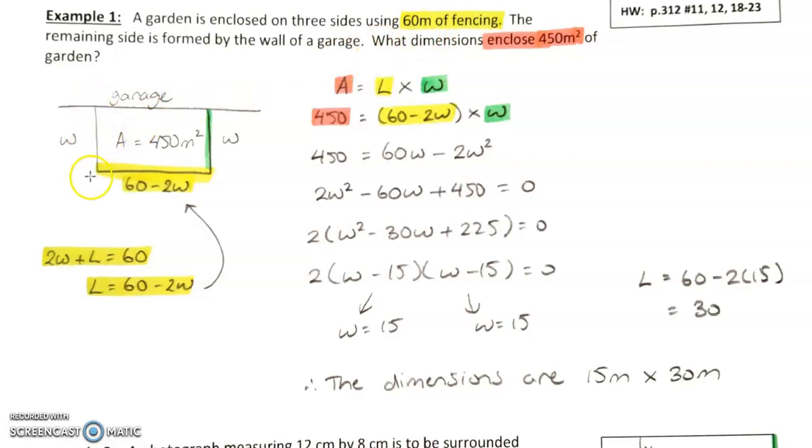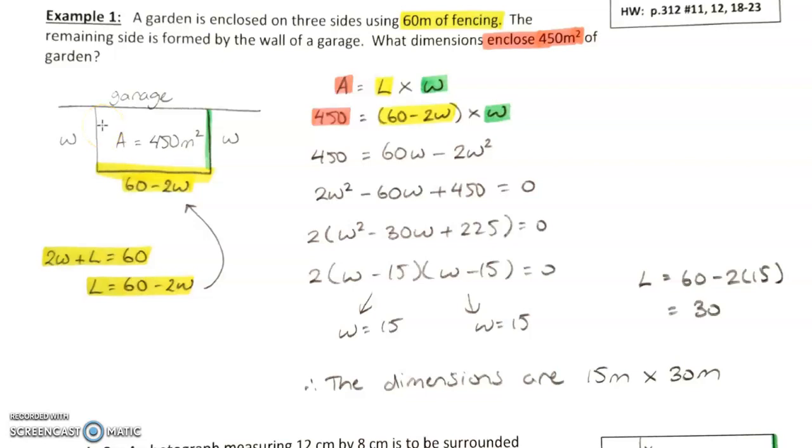If I say that 2 W's and the length is 60 meters, I can then represent the length with W's. By moving the 2W to the other side, it becomes a minus. I can then write the length as 60 minus 2 W's, and look, you have all W's. So having all one variable makes it easier to solve for that variable.